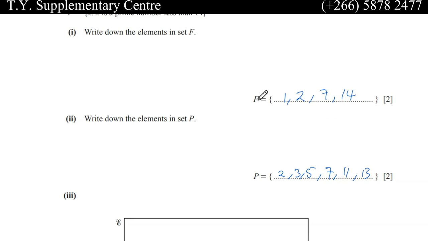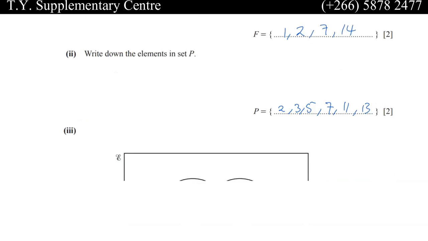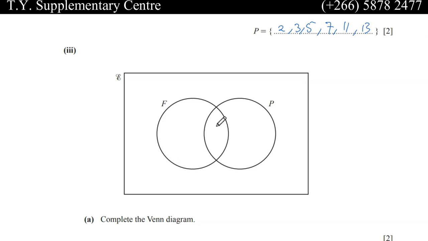So we can see that when looking at set F and also looking at the elements of set P, there is 2 in both sets, and then there's also 7 in both sets, meaning in the intersection here we have 2 and 7.